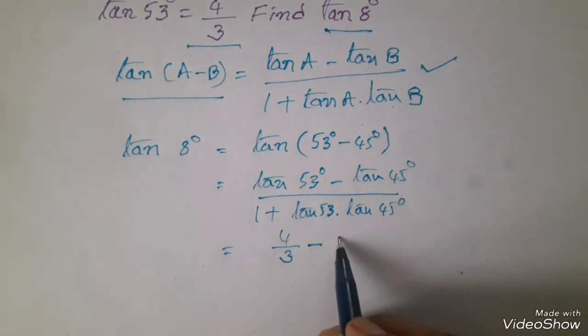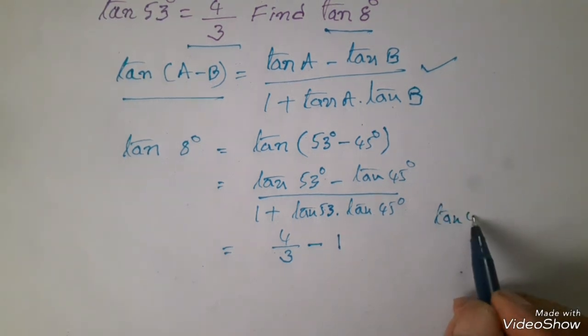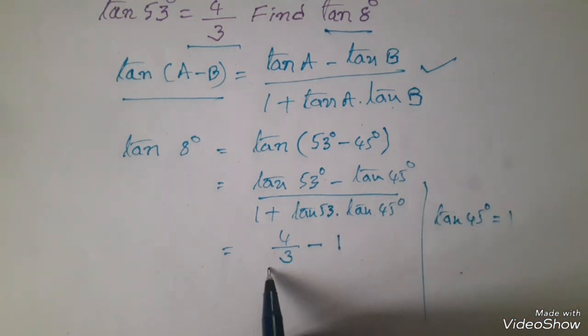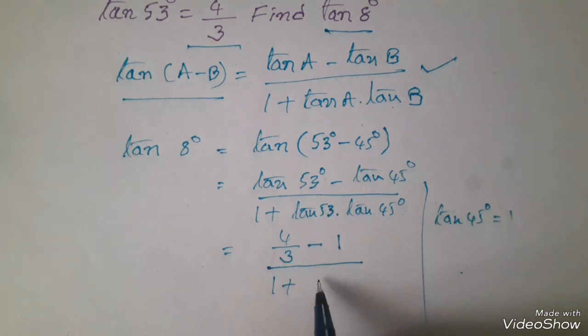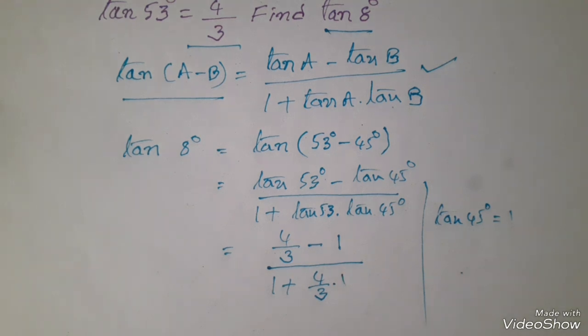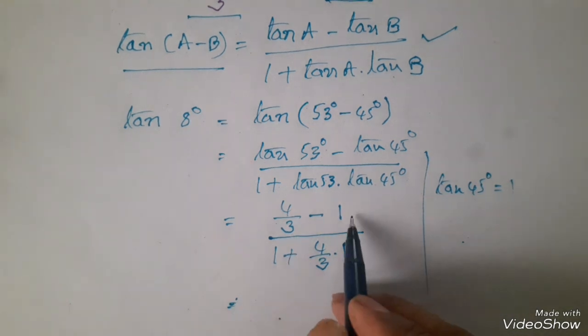Tan 45 we know is equal to 1. So remember that tan 45 degrees equals 1. So we get (4 by 3 minus 1) by (1 plus 4 by 3 into 1).